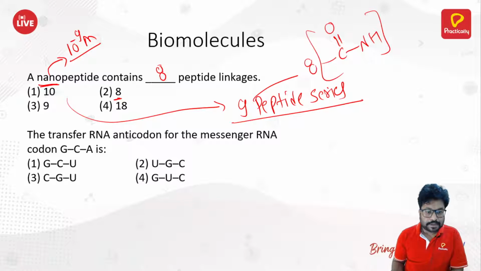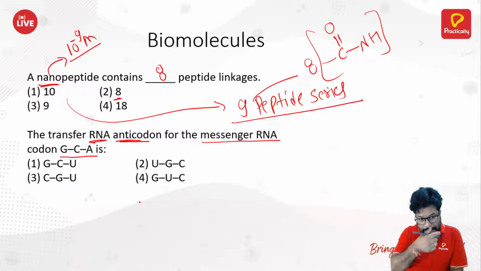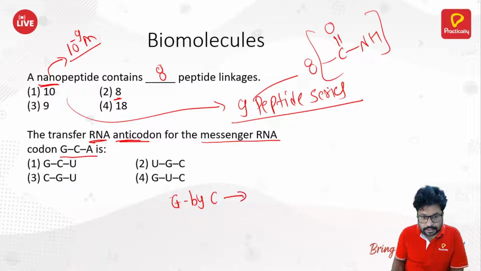Okay. Transfer RNA. Transfer RNA anticodon for the messenger RNA codon GCA is. Now, as far as this is concerned, see, G can be replaced by C, C can be replaced by G, and A can be replaced by U, which makes this CGU.